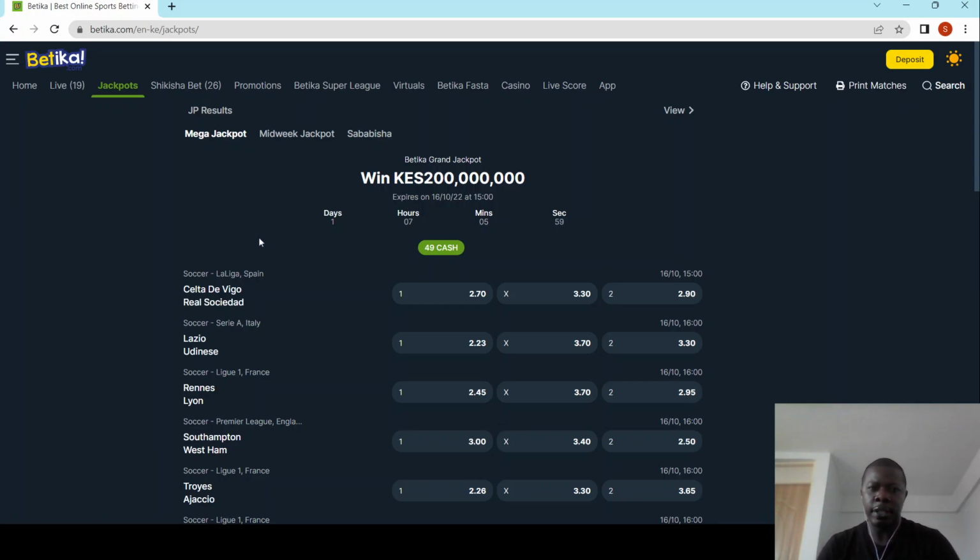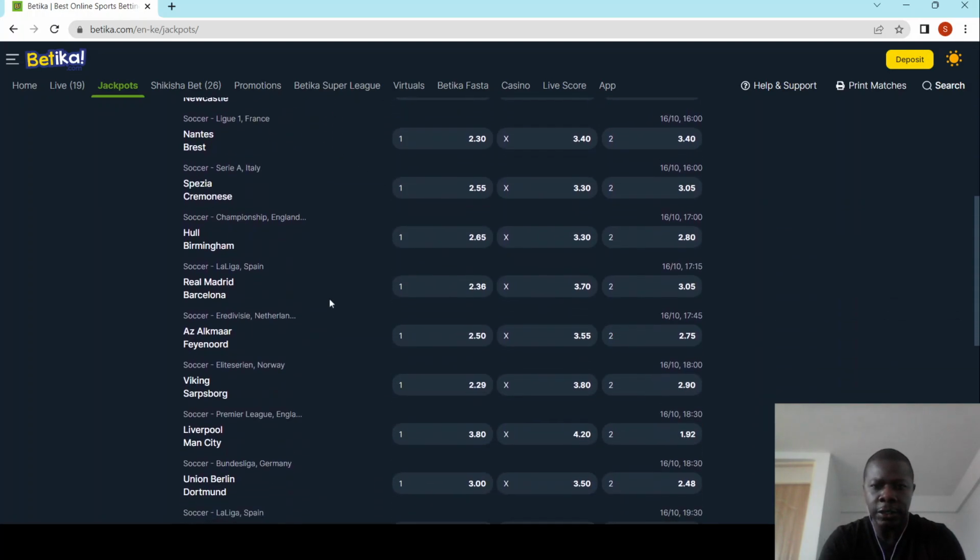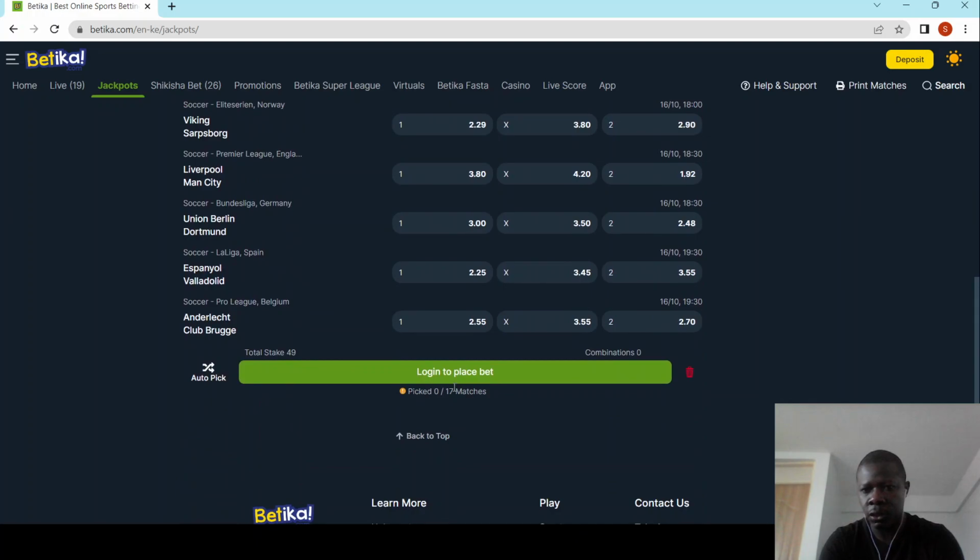Now, let me explain jackpot. Jackpot is a number of games that the promoters, in this case BETIKA, have placed together. For example, the mega jackpot is a total of 17 games.